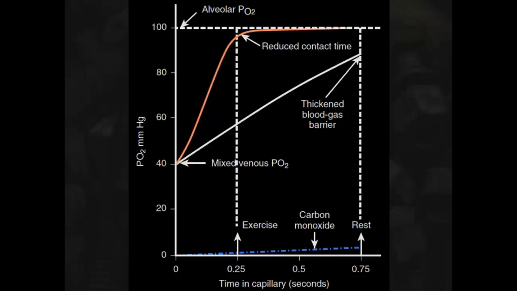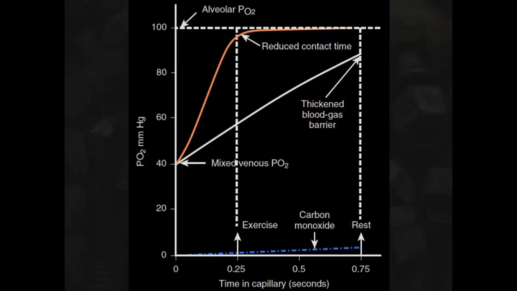Because when you exercise and you increase your cardiac output from 5 liters per minute to 15 liters per minute, you still need your RBCs to fill up with oxygen, although you increase the speed of blood flow in the circulation.